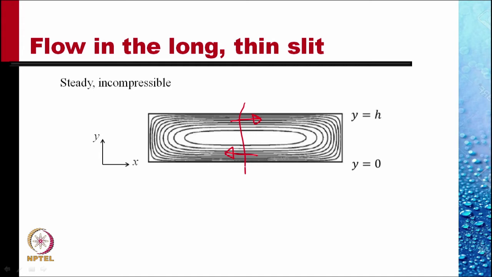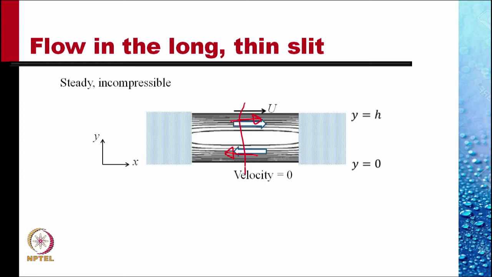Now, this appears to be quite complex flow, but we assume a long thin slit, and then we can ignore the ends, and then it looks like a fully developed flow through a slit.